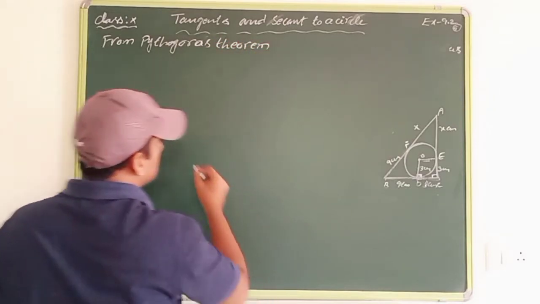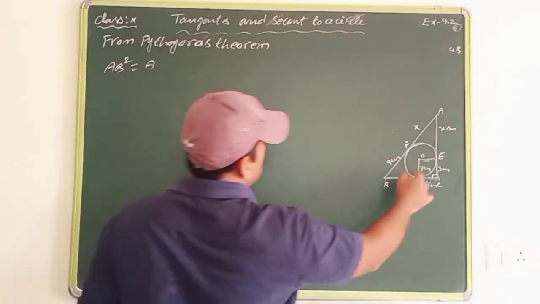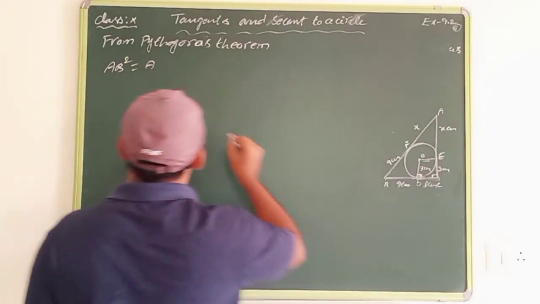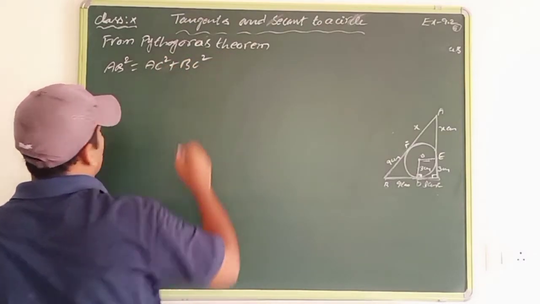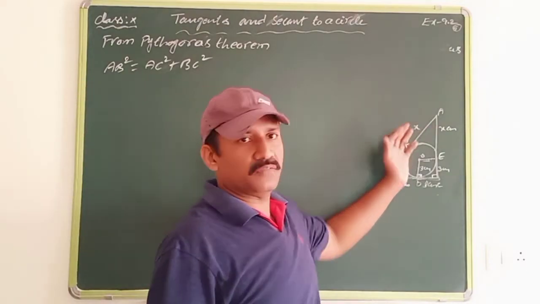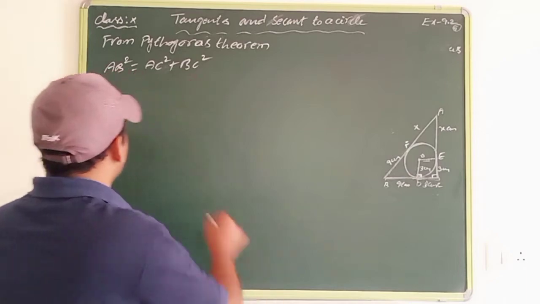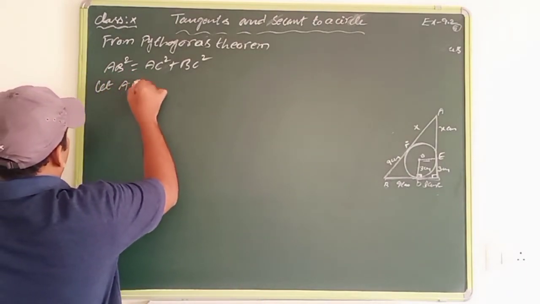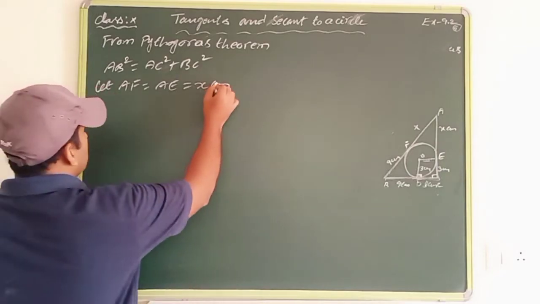we can write AB square is equal to AC square plus BC square. But here we don't know the total length of AB, so we can take AF is equal to AE is equal to x. So let AF equal AE equal x centimeters.